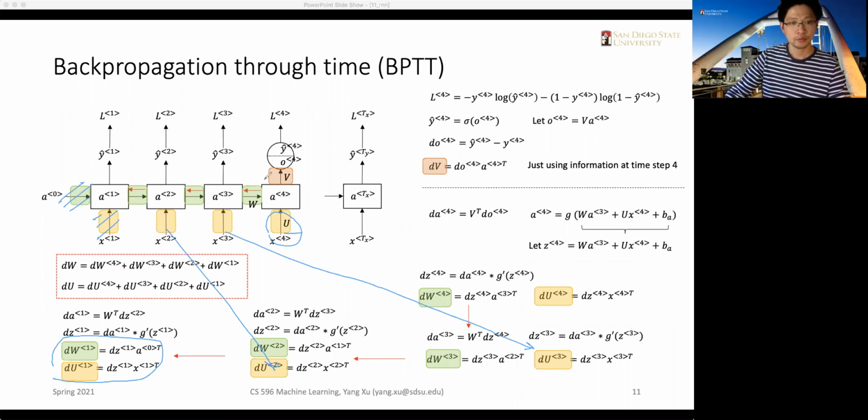So we save some time by looking back only 2 steps. The backpropagation through time is not carried out through the whole sequence.